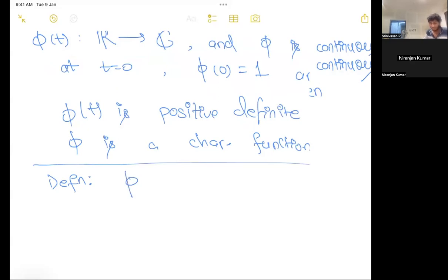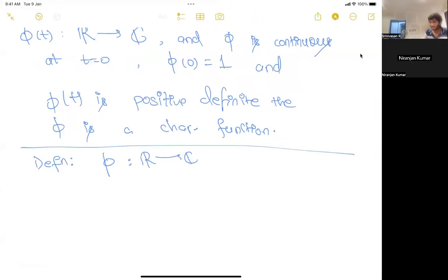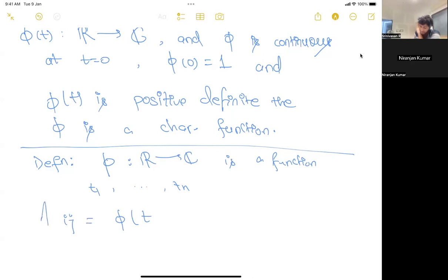So suppose phi is some function from R to C. Then we call phi a positive definite function if, given some n real numbers t1 up to tn, the matrix formed by the ijth entry phi of ti minus tj is positive.